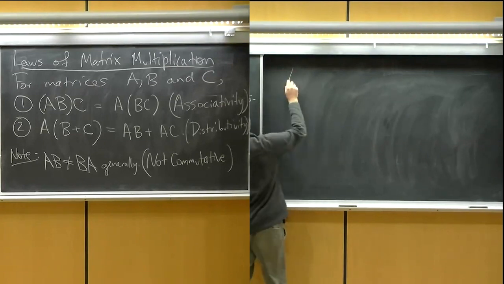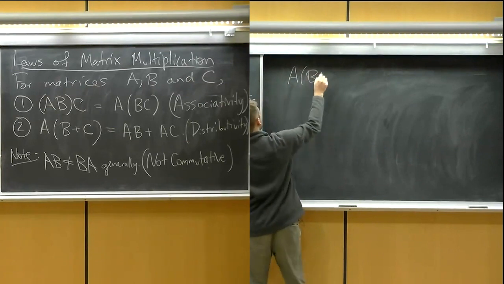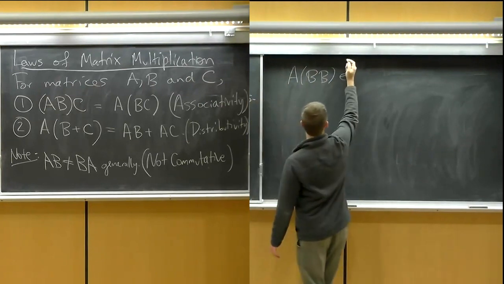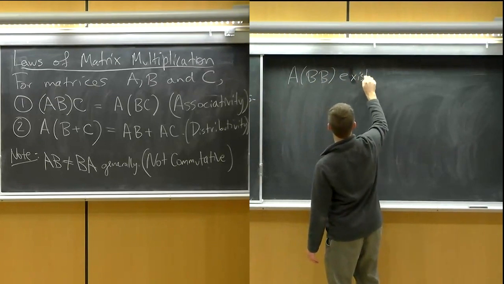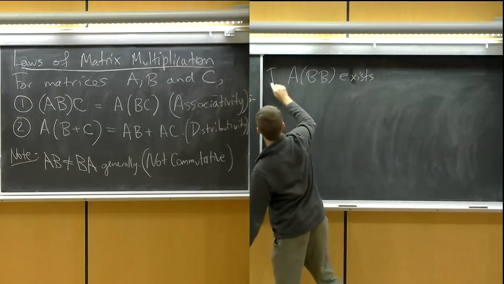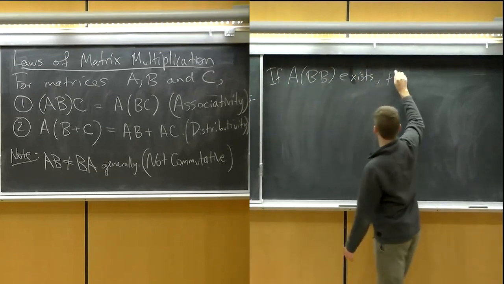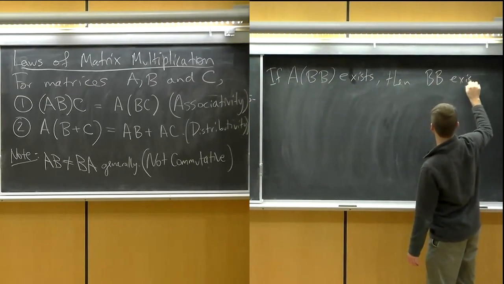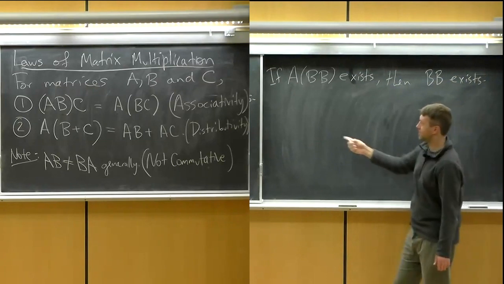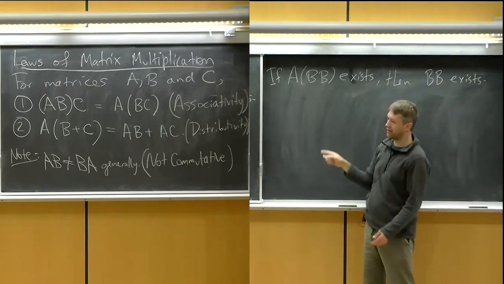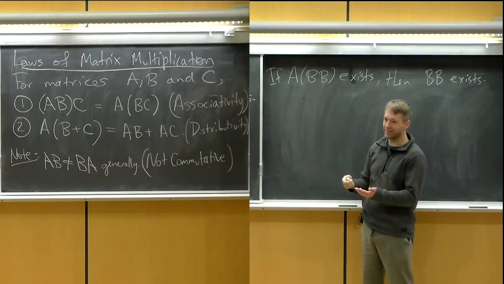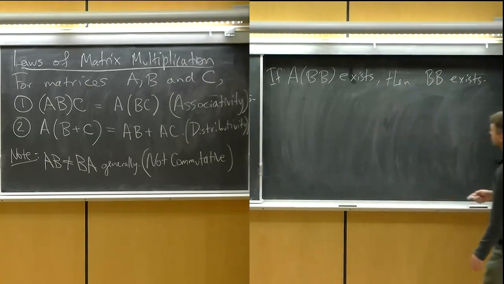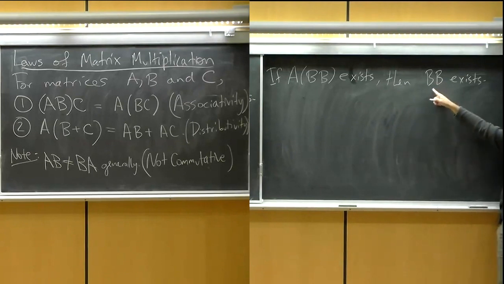So here's the thing. If A times B exists, well, then in particular, B times B exists, right? Because I couldn't take A times B if B times B didn't make sense. But if B times B exists, what does that tell me about the rows and columns of B?